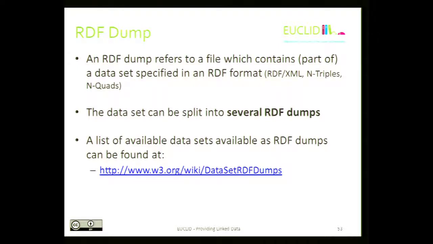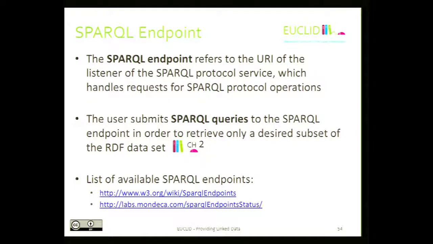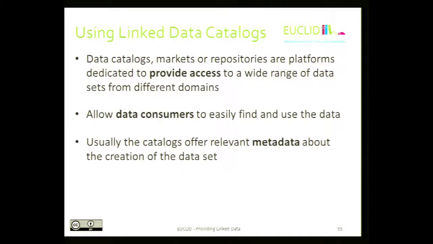So, for instance, in MusicBrainz, we go down from an unexpanded serialization in N-Triples that's tens of gigabytes down to just a couple of gigabytes and make that available. If you want to find all of the dumps that you can download and build yourself very quickly a huge triple store, the W3C does maintain some list of those. With regard to the SPARQL endpoint, the pointer is back to Chapter 2 to see how to do that.